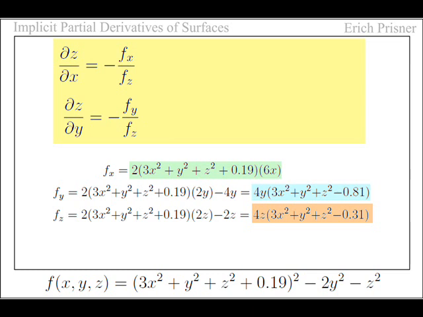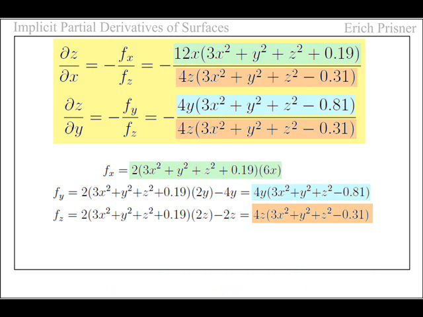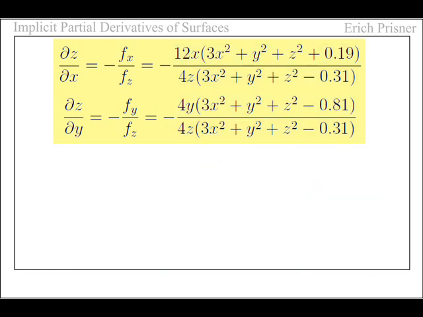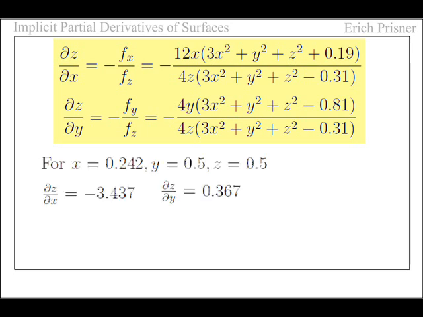Therefore, by the above equations, the partial derivatives of c with respect to x and y are these quotients here. For x equals 0.242, y equals 0.5 and c equals 0.5, plugging in the values we get the partial of c with respect to x is negative 3.437 and the partial of c with respect to y is 0.367.